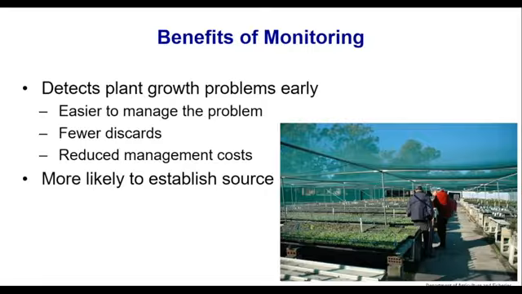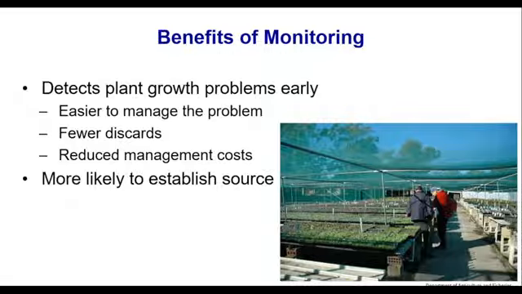the benefits of monitoring. Monitoring detects plant growth problems early. And some of you that have been to our workshops in the past will have heard us go on about monitoring and recording your data many times.